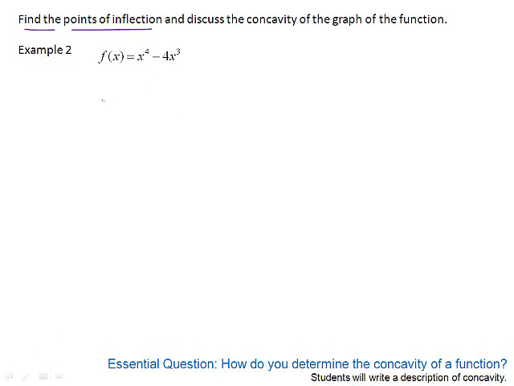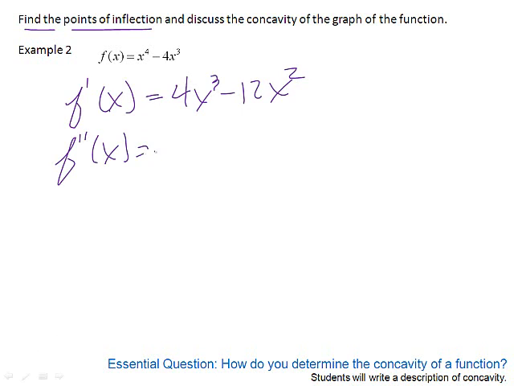Okay, so what do I need to do if I'm going to find points of inflection or concavity? Find the second derivative. So my first derivative is? Good. My second derivative is? Minus 24x.